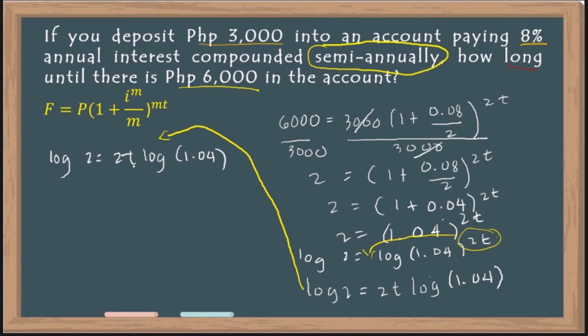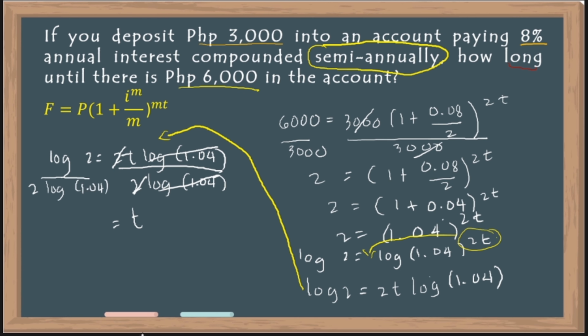Since hinahanap natin yung t dito, divide natin to both sides of the equation by 2 logarithm 1.04. Okay, bakit? Para ma-cancel out ko to. So, ano na lang natira? t. Kasi yun ang hinahanap natin. So, divide din natin yan sa kabilang side of the equation.